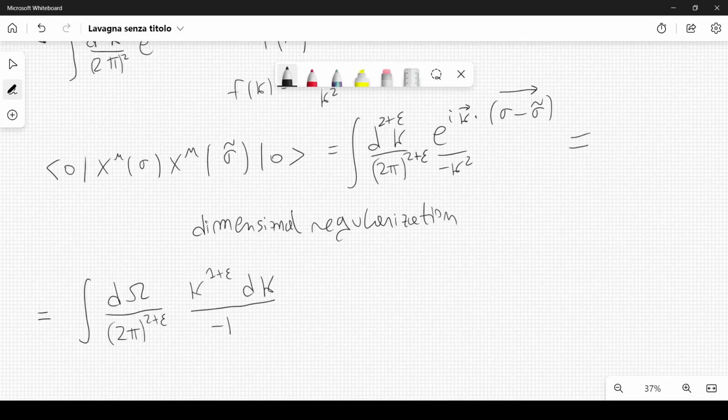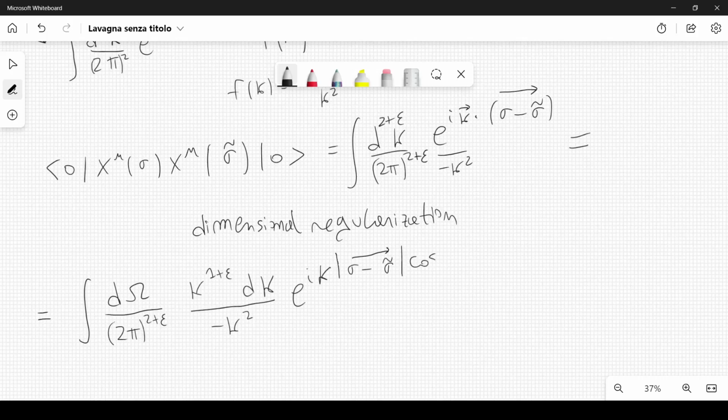Then we divide by minus k squared. We have e to the i, and I'm going to rewrite this dot product here in this other way. So we can write the dot product as the mode of the first vector, then the mode of the second vector, which is sigma minus sigma tilde vector, and we take the mode of this.